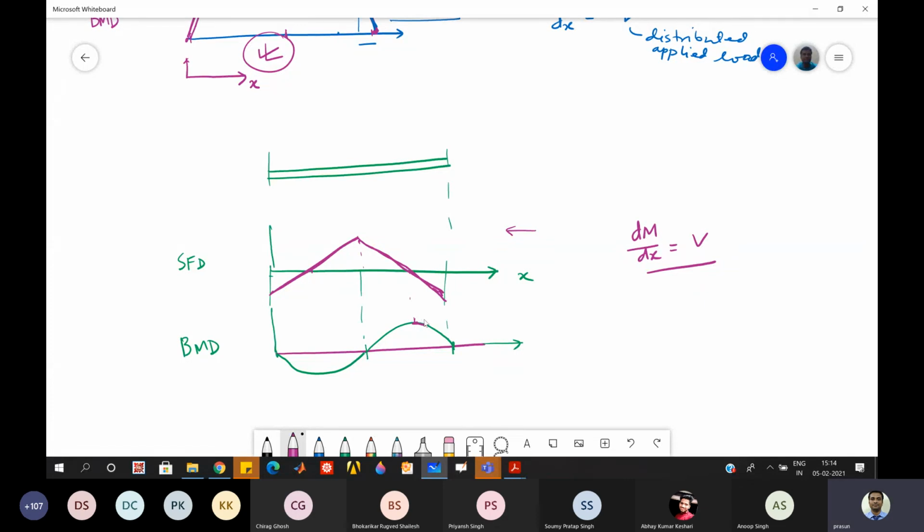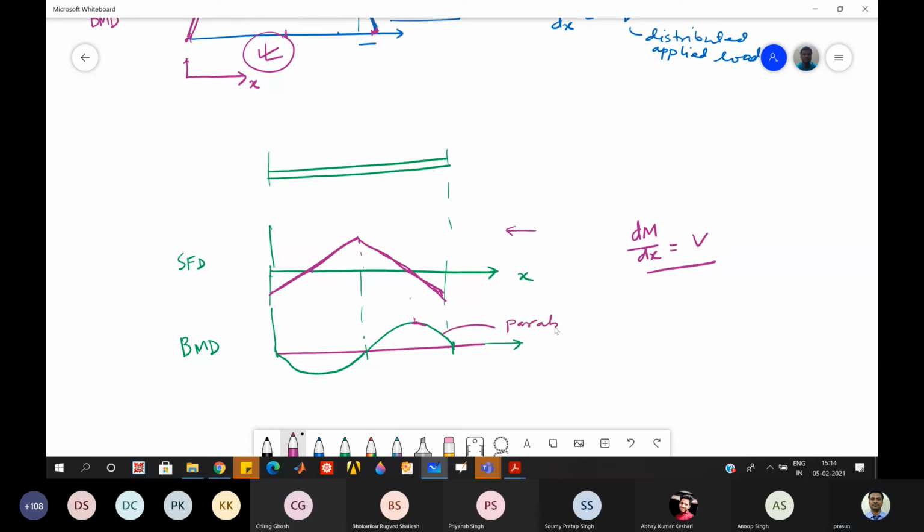So that means, because the slope is 0, the shear force has to be 0. So it is 0 here. All right. So now the slope is slowly going to the negative side, becoming higher and higher in the negative side. And you assume this is parabolic.